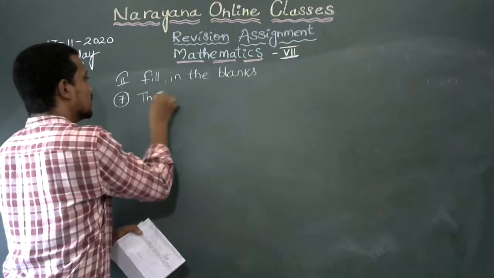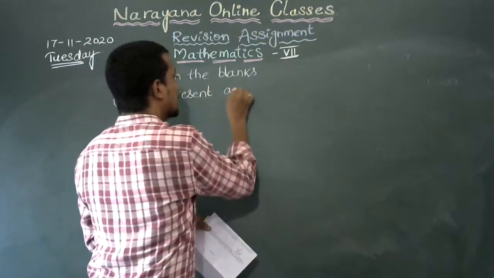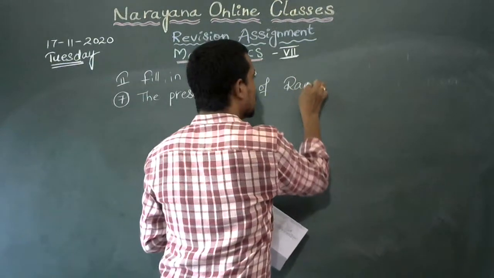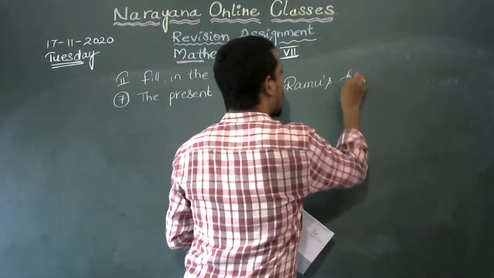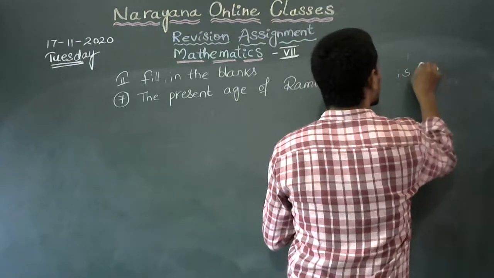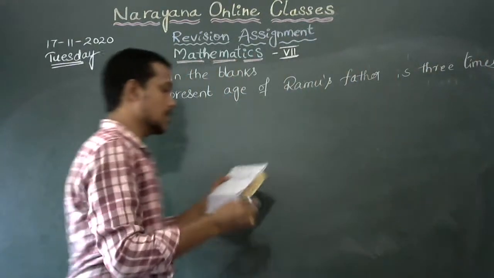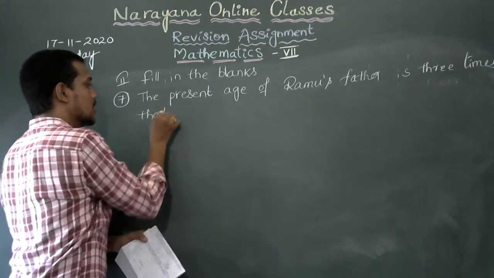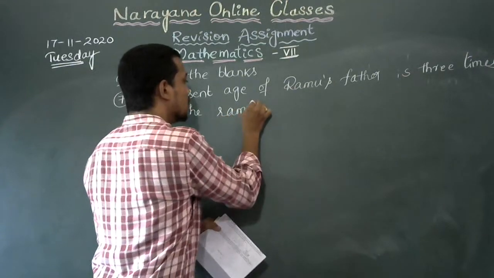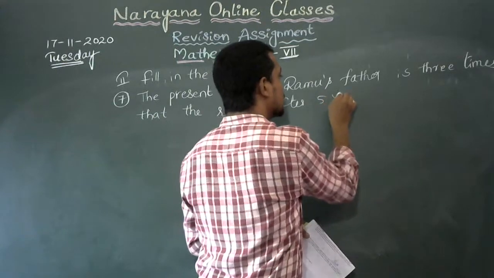The present age of Ramu's father is 3 times the Ramu's after 5 years.